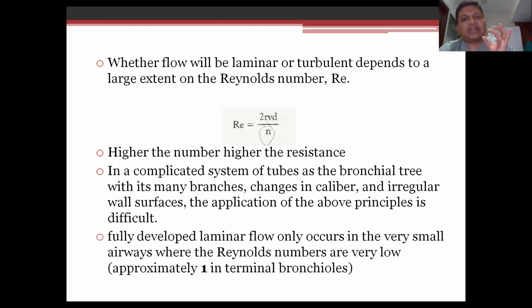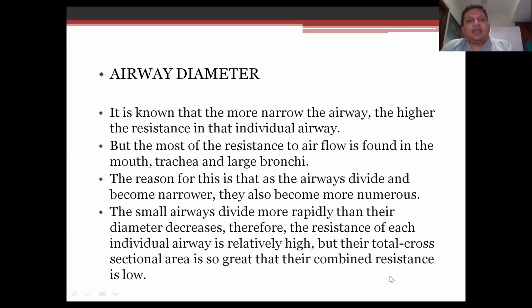So fully developed laminar flow only occurs in the very small airways, as I told you, because these airways act as normal tubes. There we can apply this Reynolds number, and there the Reynolds number is 1. So the resistance is very low.